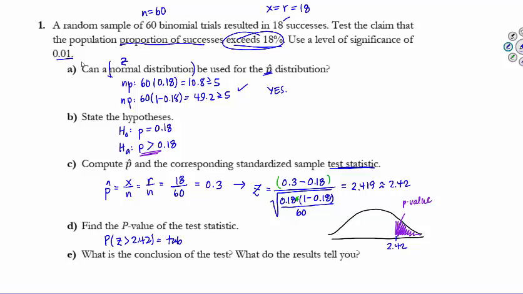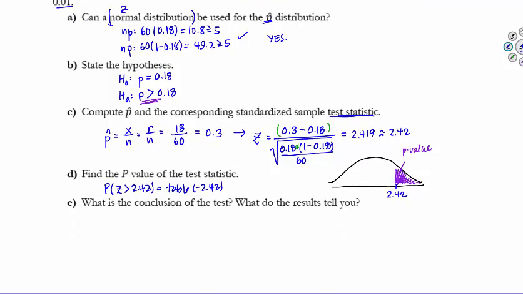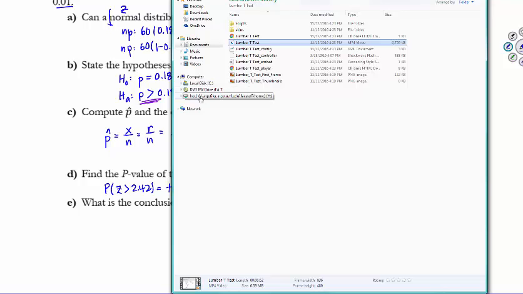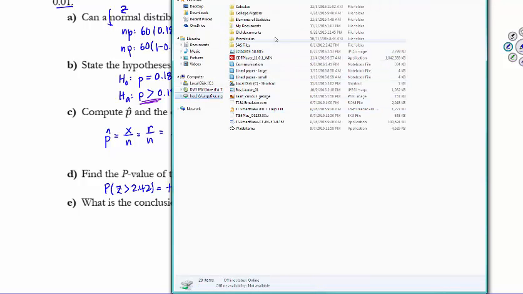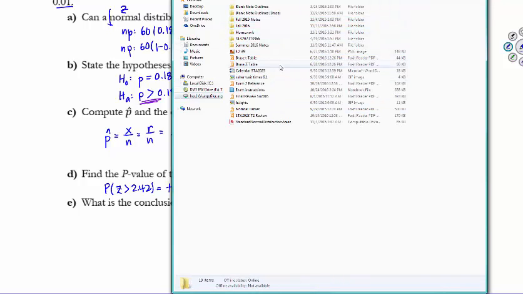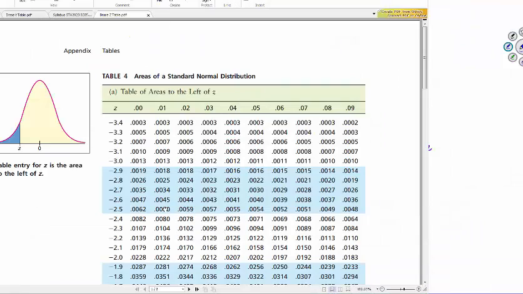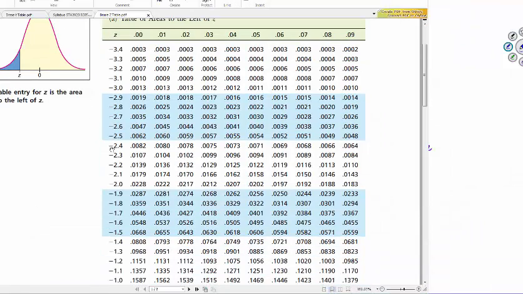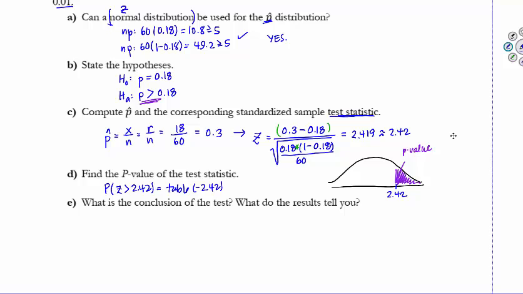We can find this in the table by looking up negative 2.42, since the table gives us left-handed values. Let's give that a look. So negative 2.42 has an area to the left of 0.0078.